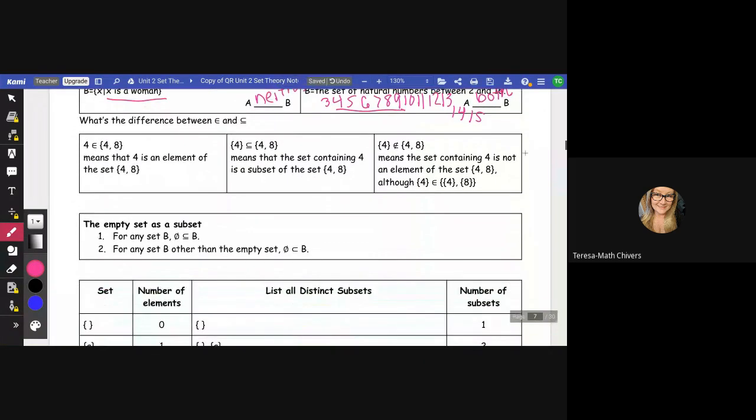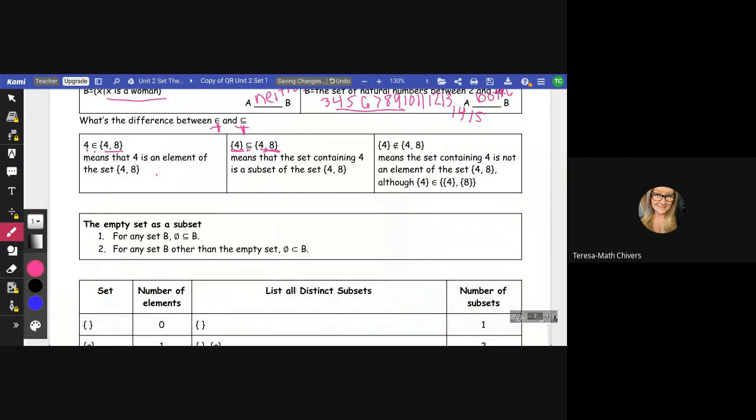So what is the difference between this symbol and that symbol? Remember, this one means is an element of, and this one means is a subset. So 4 is an element of the set containing 4 and 8. That has a different meaning than the set 4 is a subset of the set 4 and 8.